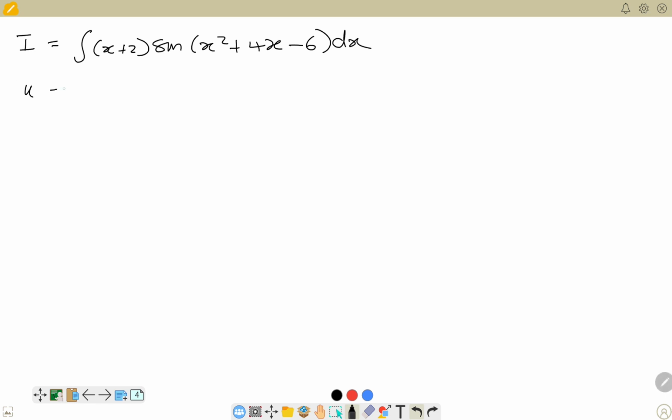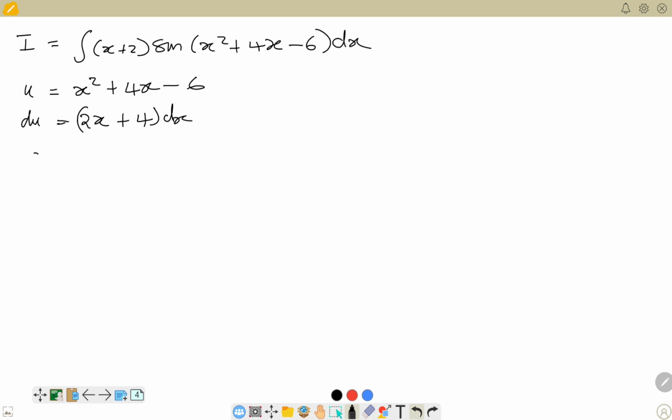So this time around, if I let my u be what is inside the sine function there, it's going to be u equals x squared plus 4x minus 6. Then I can differentiate this to be equal to 2x plus 4. Of course, I should have dx here.